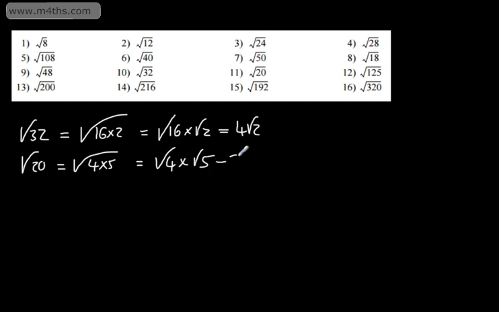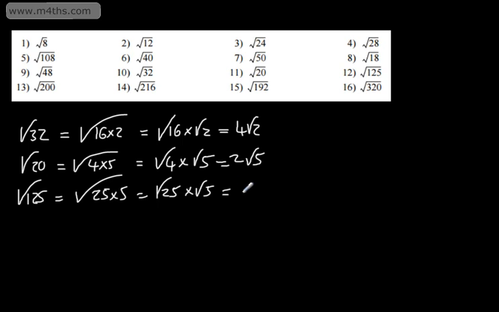The square root of 4 is 2, so 2 root 5. Root 125. Cube numbers are quite cool, because 125 is a cube number, it's 5 times 5 times 5, so 5 times 25. That's going to give me root 25 times root 5, which gives 5 root 5.